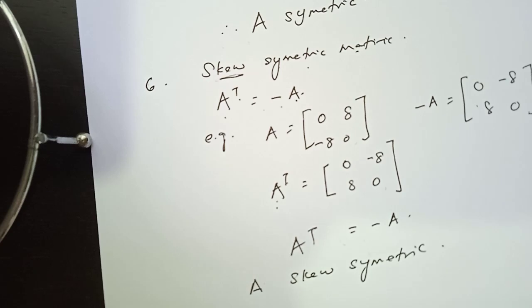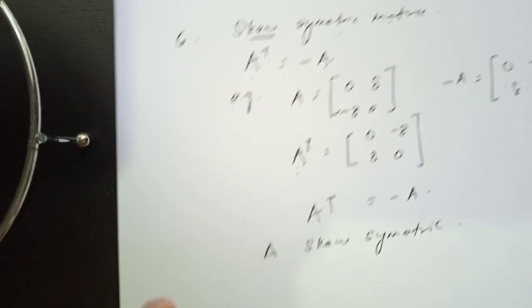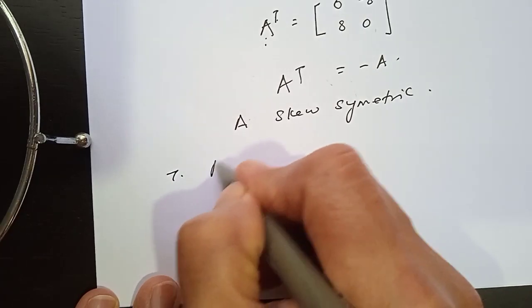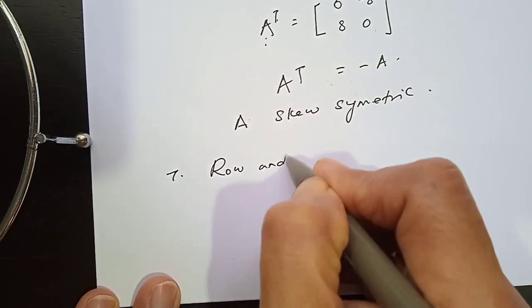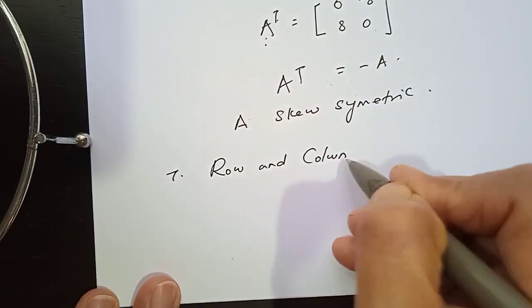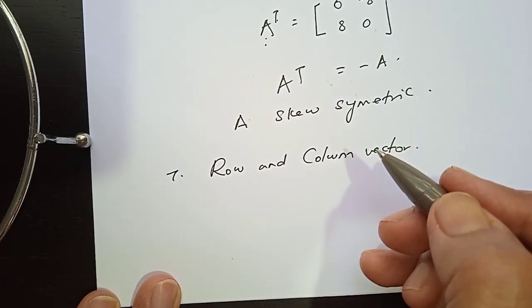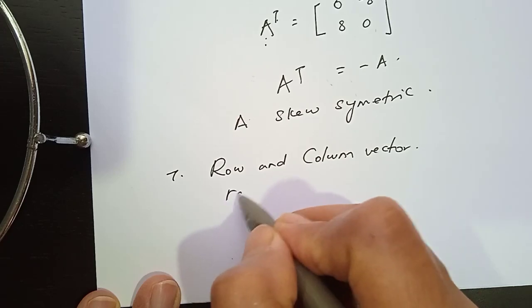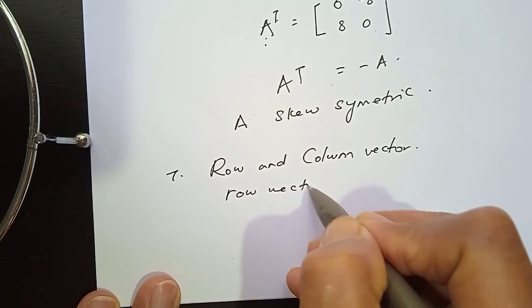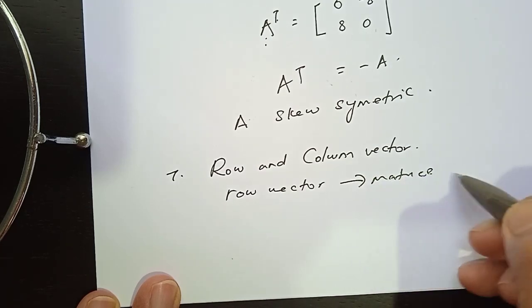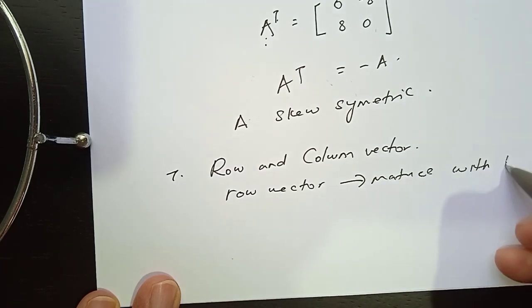Okay, next is number 7, row and column vector. A row vector is a matrix with only one row.